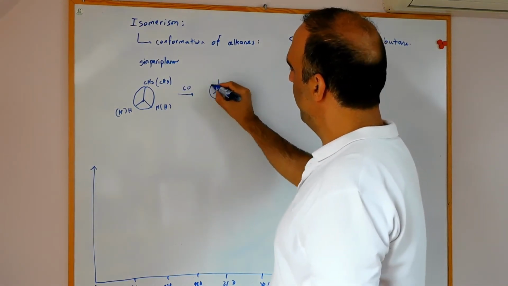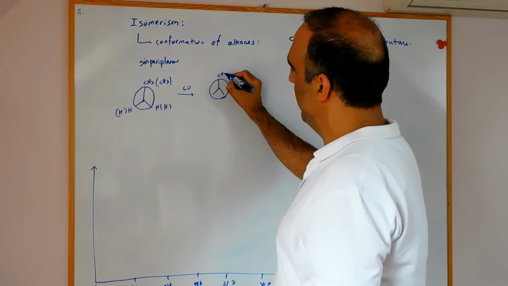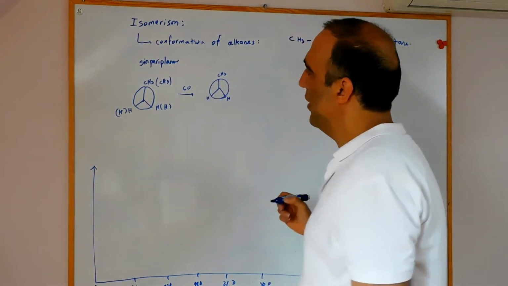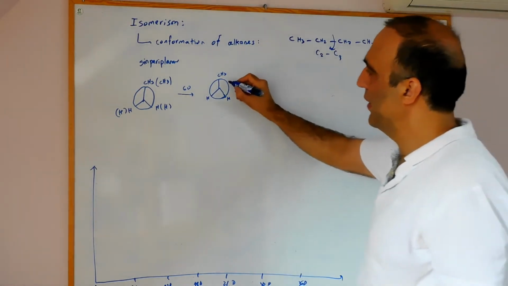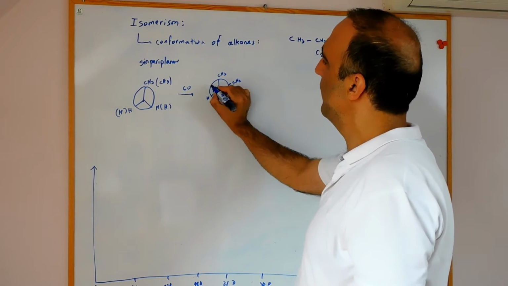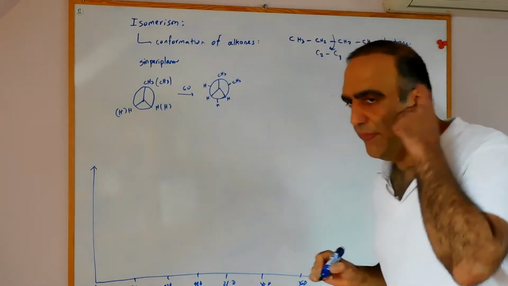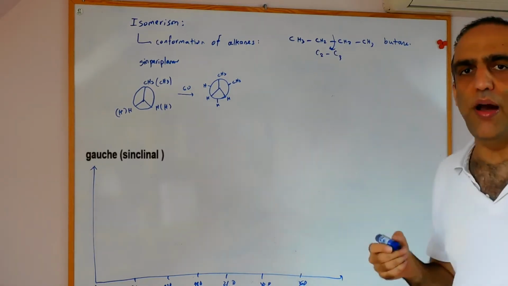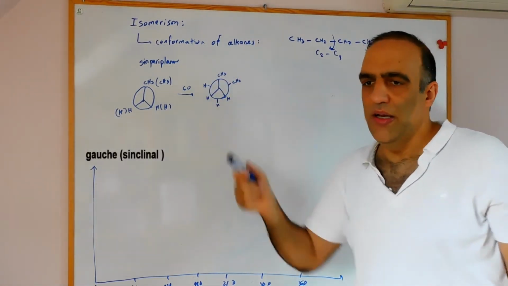The first part is the same, but carbon number 3 rotates, and the methyl groups will be a little farther apart by 60 degrees. And we call this shape gauche.